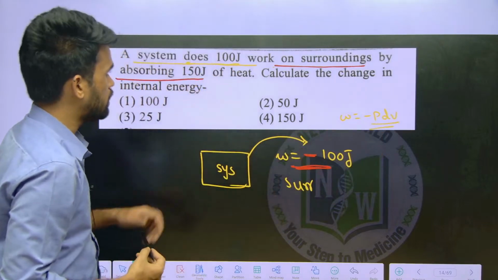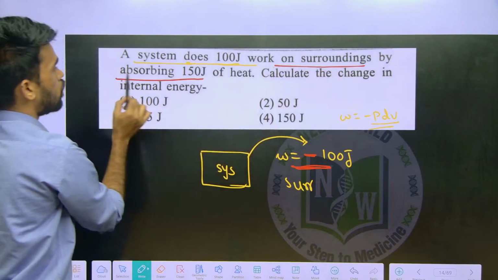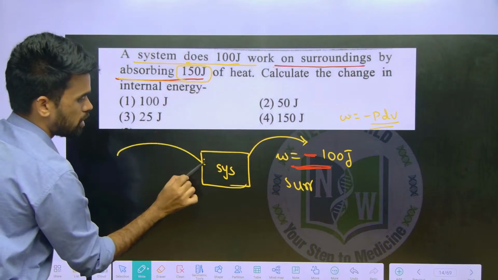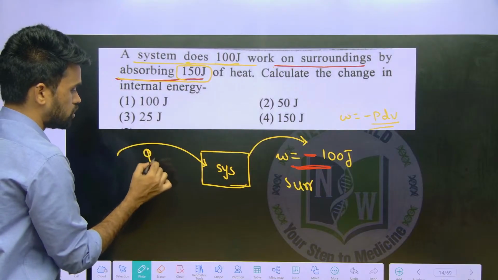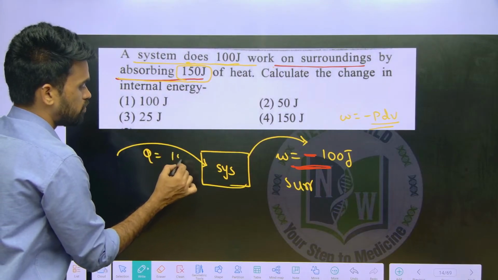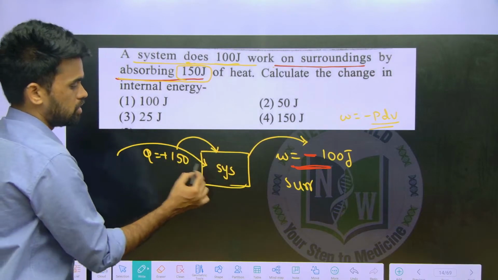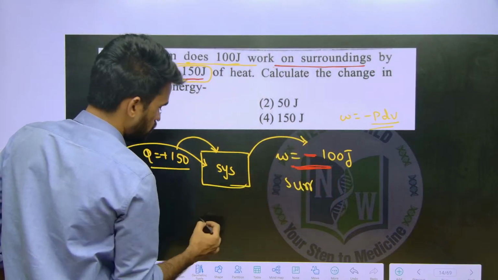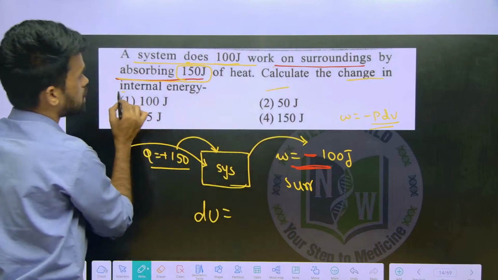Now here you can observe the statement, by absorbing 150 joules of heat. So how much heat energy is absorbed here? Heat absorbed, Q is equals to 150. So this much amount of heat is given into the system. This is the amount given, and this is the amount of work done. What is the formula? We have dU, because they are asking change in internal energy.